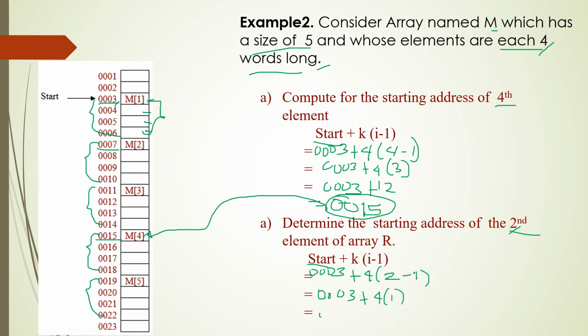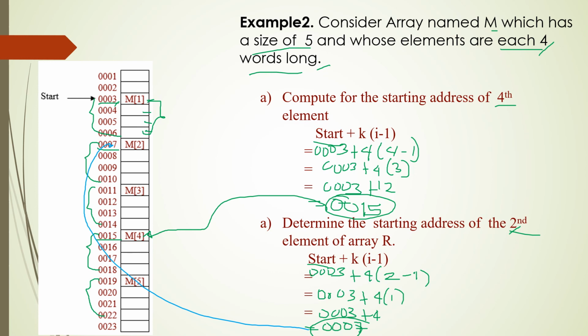And then, between addition and multiplication, we will multiply first. So, 4 times 1 is 4. And then, tsaka natin i-add. So, we have 0003 plus 4 is 0007. Okay. So, tama po ba? Our second element is at 0007.